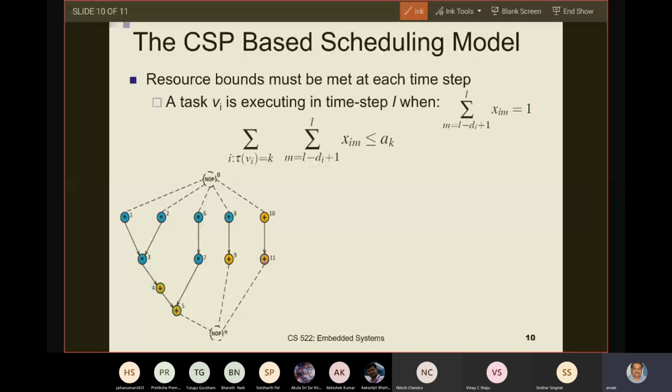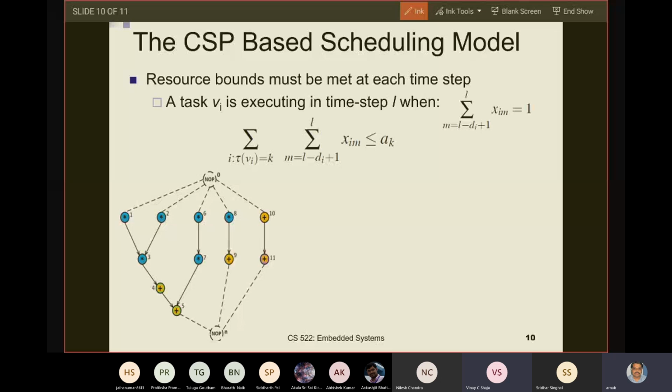This constraint has to be satisfied: the total number of tasks executing on general purpose processors at any given time step must be less than or equal to 4. Similarly, you also have to separately satisfy that the total number of tasks executing on my GPUs is less than or equal to 3 at all time steps. Are you with me?